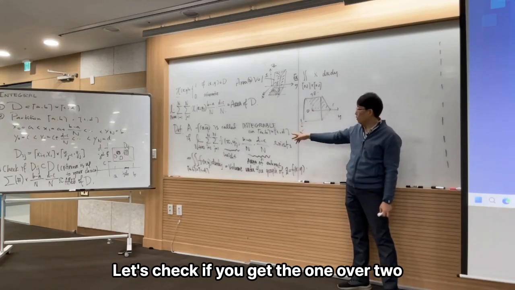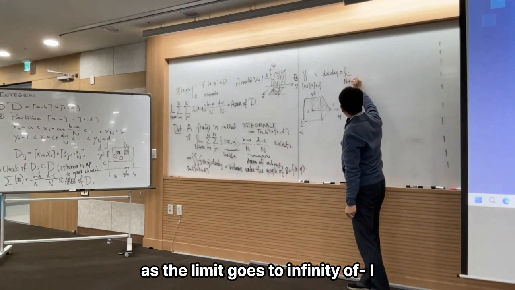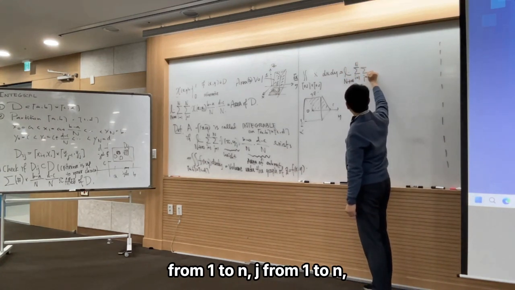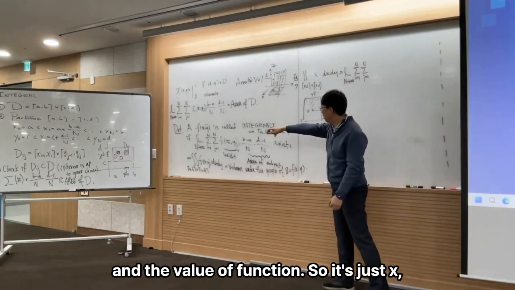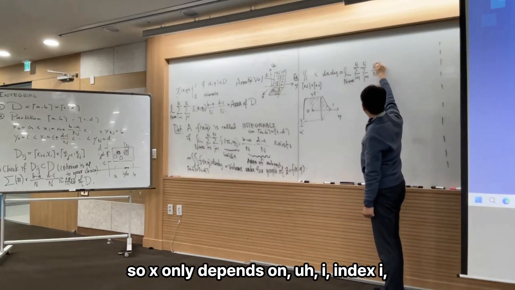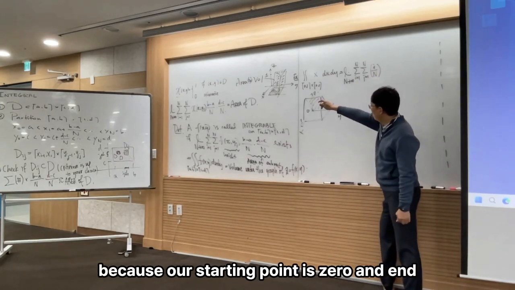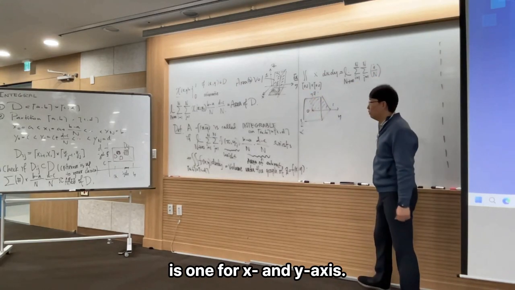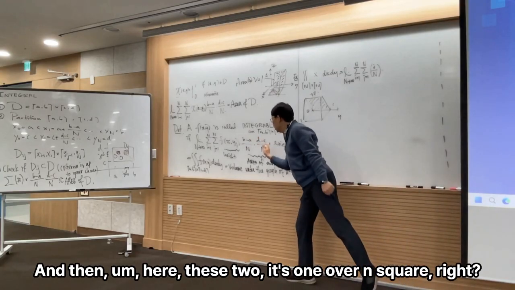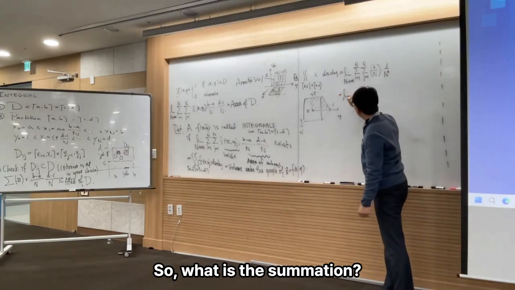Let's check if you get 1 over 2 by taking the limit. By the definition, it's the limit as n goes to infinity of the sum over i from 1 to n, j from 1 to n, of the value of the function. It's just x, so it only depends on the index i, so it's i over n, because our starting point is 0 and end is 1 for the x and y axes. And then these two give 1 over n squared, right? So what is the summation?